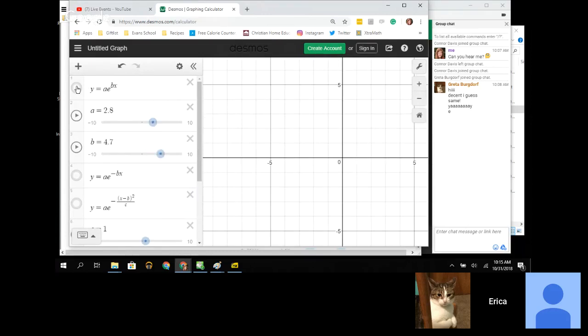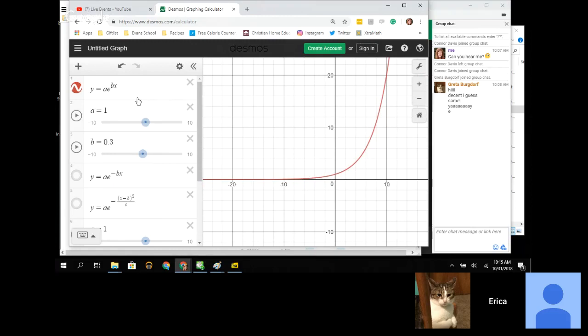Okay. So if I turn on exponential growth, right, exponential growth looks something like this. You can change it based off of your numbers, right? Here, I'll make my number there. Here's an exponential growth curve. Y equals a times e to the bx power, exponential growth, and here's exponential decay, drops off.